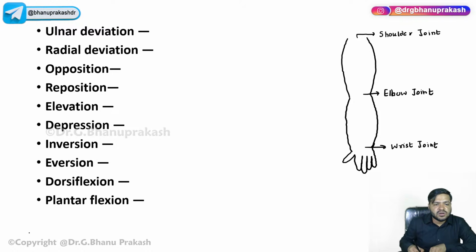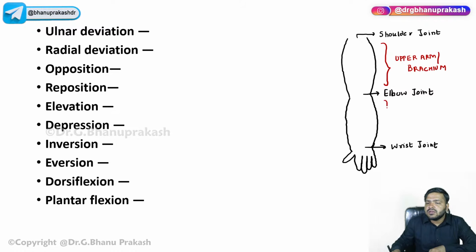From the shoulder joint to the elbow joint, this region is called the upper arm or the brachium. From the elbow joint to the wrist joint, this region is called the forearm or the antebrachium.